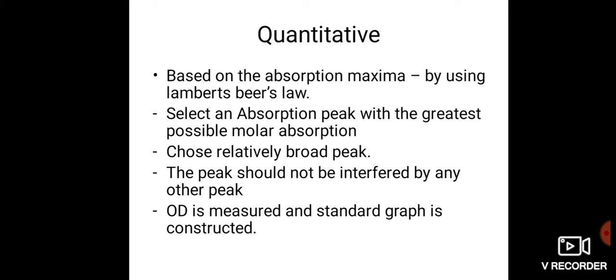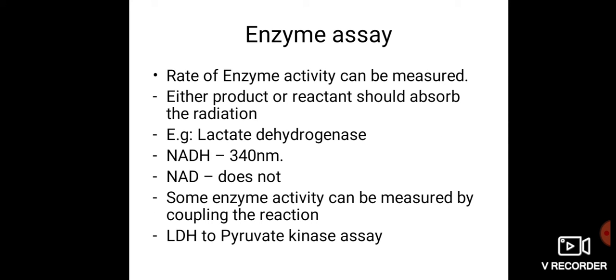Then quantitative analysis: based on the absorption maxima, using the Lambert-Beer law, we can do quantitative analysis, and the measured values can be constructed into a standard graph, which can be used for assay. Then we come across the enzyme assay.